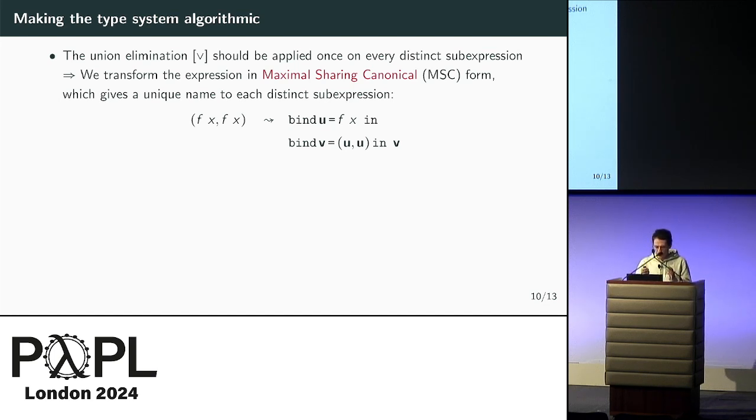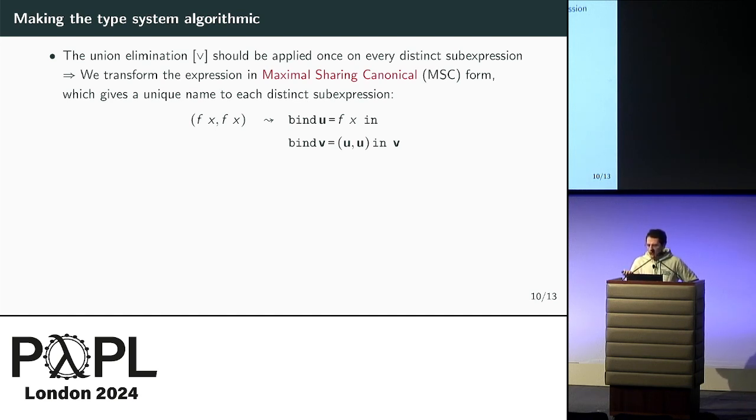It is a form which gives a unique name to each distinct subexpression. So for instance, for the pair f of x, we first define f of x and bind it to the variable u. And then we define the pair u and bind it to the variable v. The advantage of this form is that now we can just apply the union elimination rule once on every bind expression.